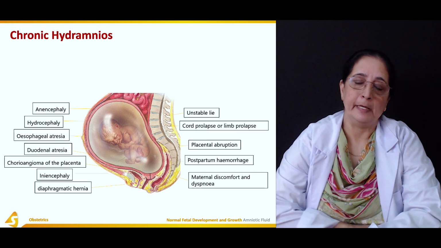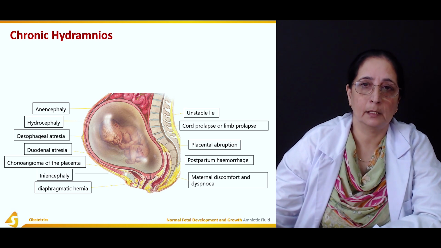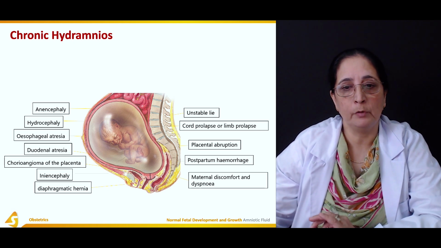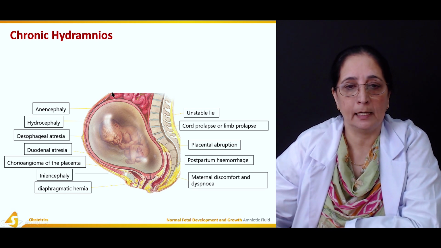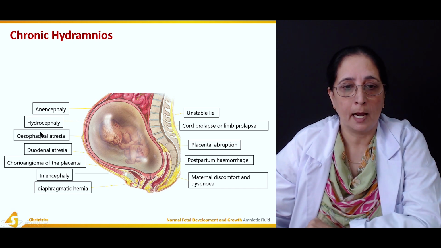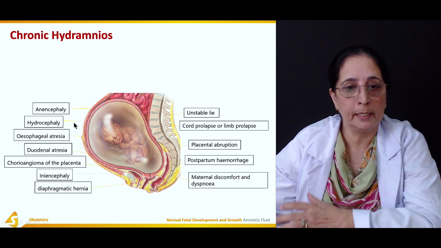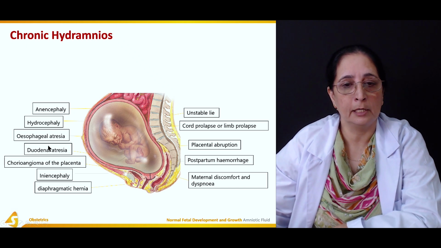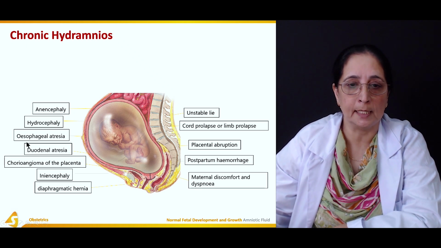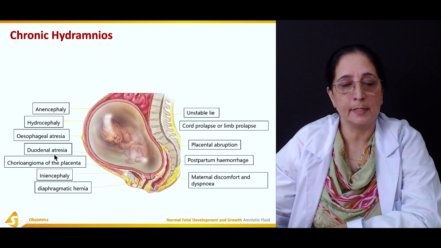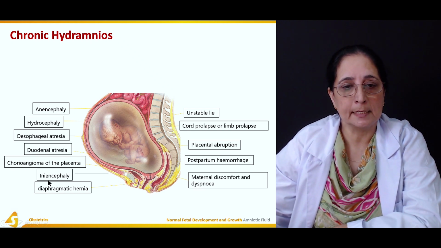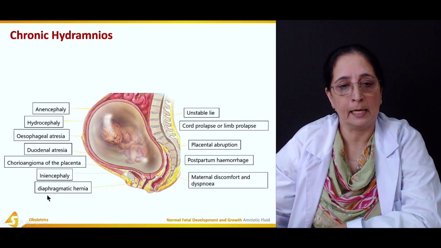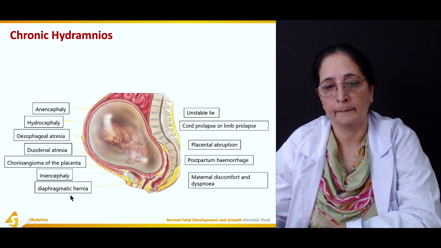Chronic hydramnios, if there is increase in the fluid chronically, then a lot of complications can occur. Anencephaly, small head, hydrocephaly, fluid in the head, brain, esophageal atresia, duodenal atresia, chorioangioma of the placenta, diaphragmatic hernia.